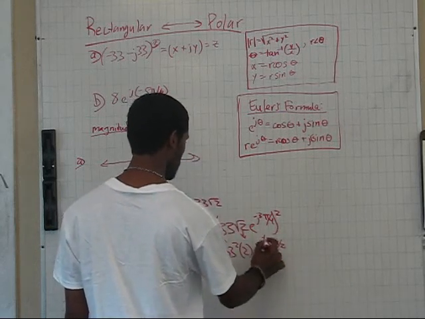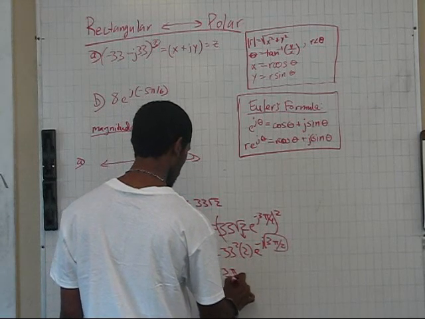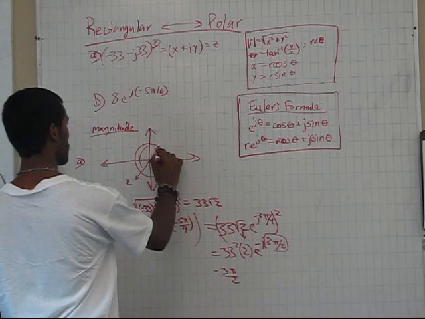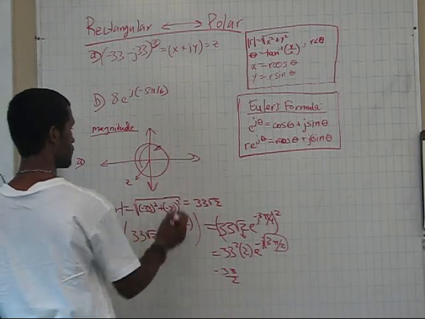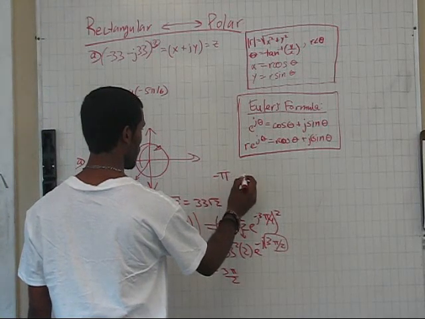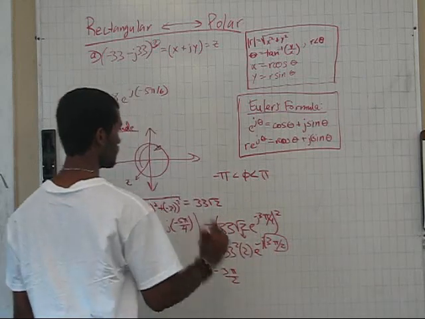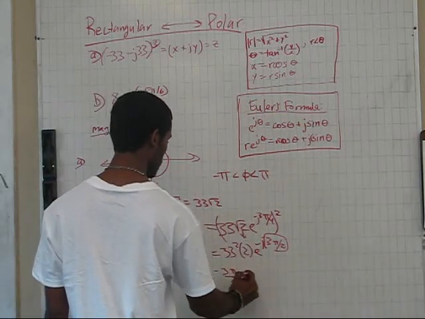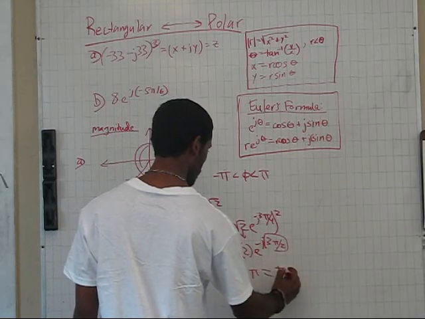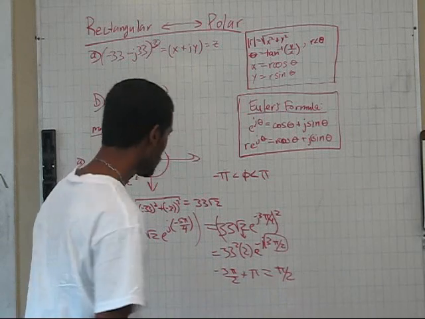Now, because this is a negative quadrant, I have negative 3 over 2. And if you want to get this to the first quadrant, because you want it between negative pi and pi, you have to add pi to it, which gives you pi over 2.